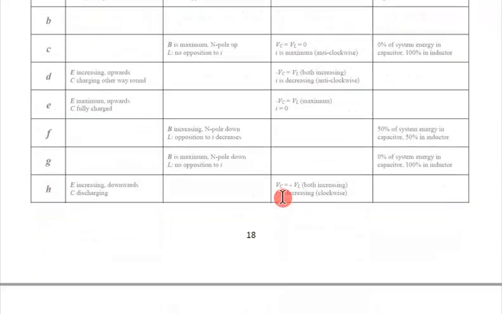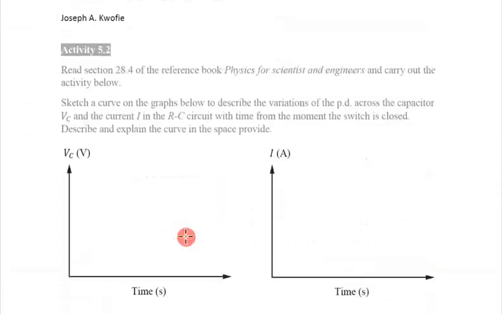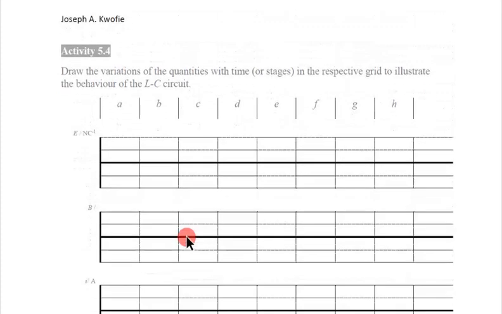Then we can also talk about the magnetic field and the electric field. Indeed, you can do all this in this exercise. The electric field will start from maximum and go through the whole cycle again.